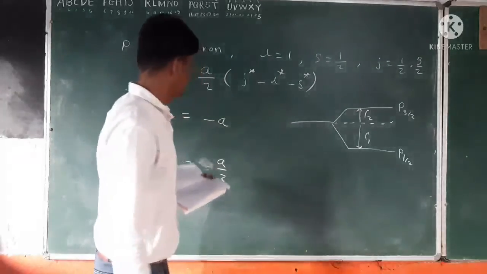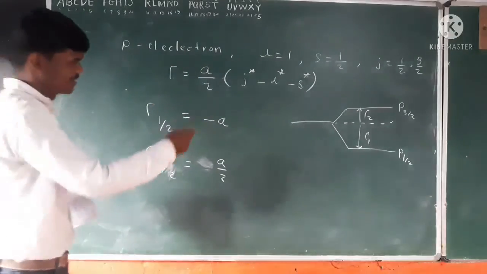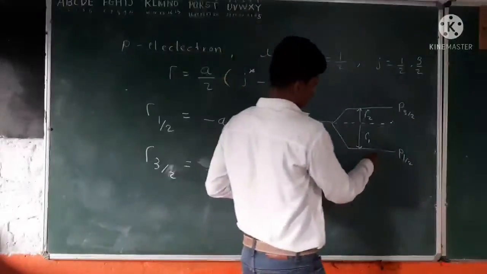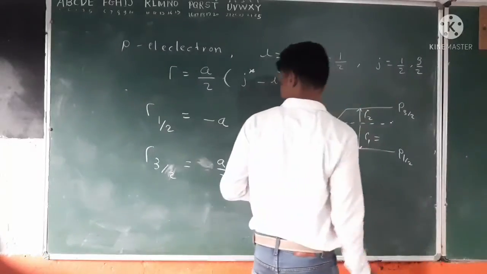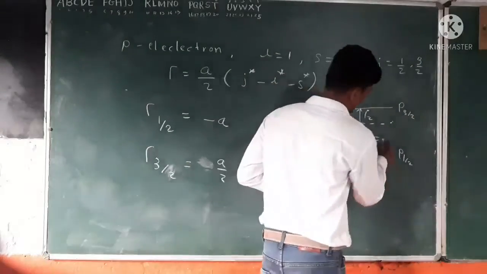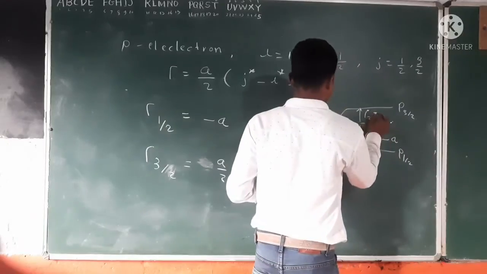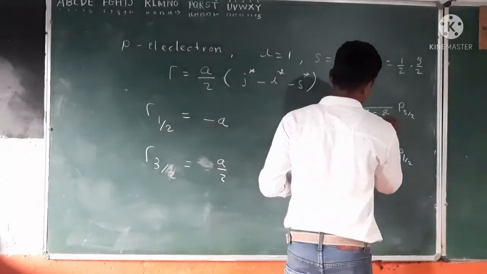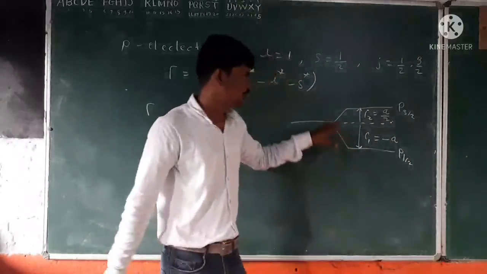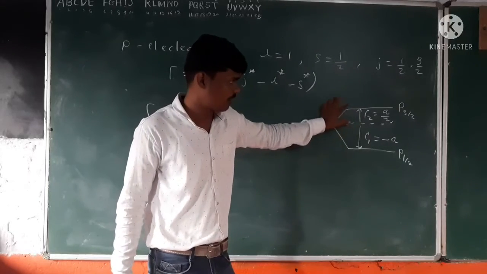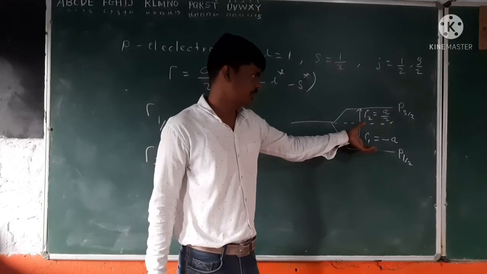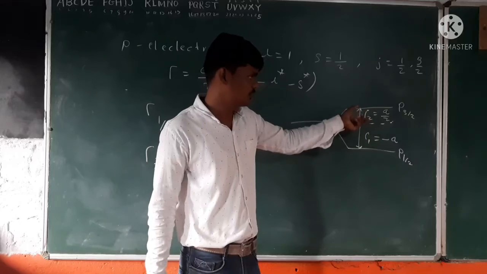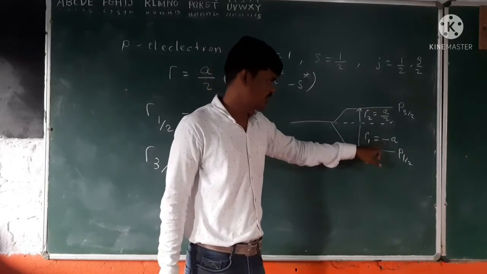We can show this using this diagram. Tau 1 will be minus A, and this one is A by 2. When you show it in a diagram, the upper level width should be half of the lower level. Why?